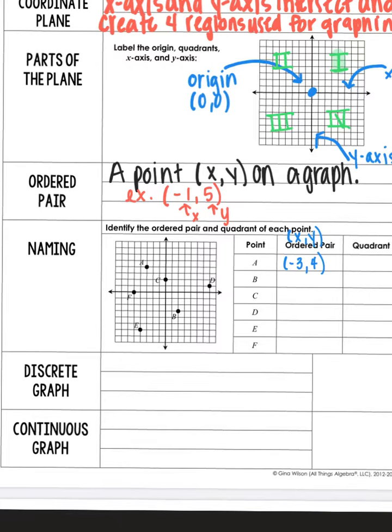And when we're looking at what quadrant this is, let's remember this top right box is quadrant 1, top left is quadrant 2, bottom left is quadrant 3, and bottom right is quadrant 4. And A is over here, which is in quadrant 2. All right, let's look for point B. Point B is here. We always start at 0, 0, so to get to B, I need to go along my x-axis 1, 2.